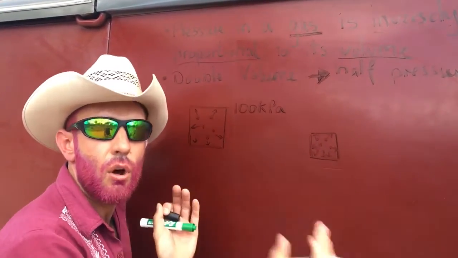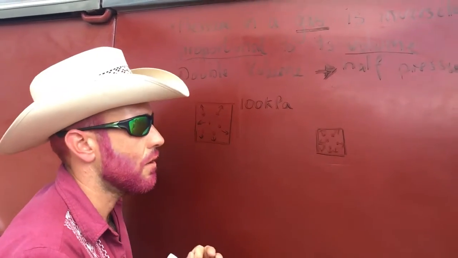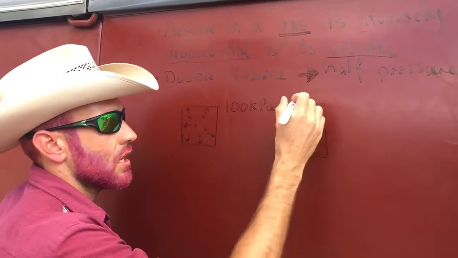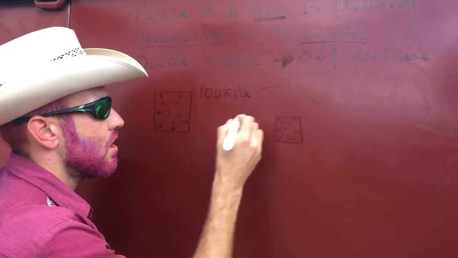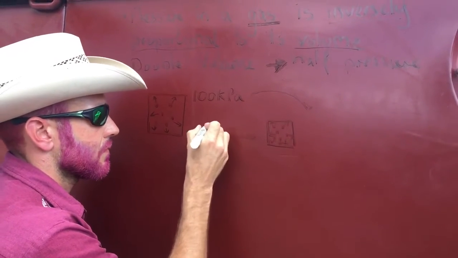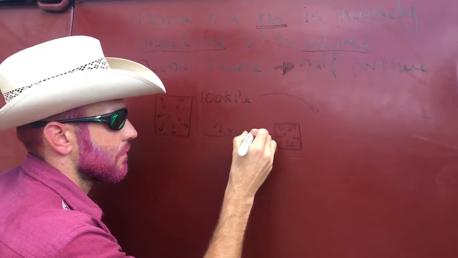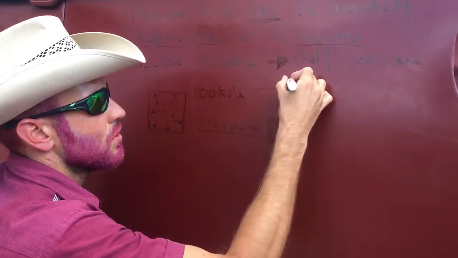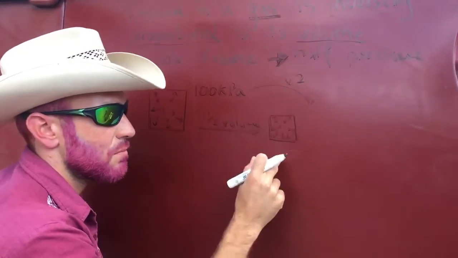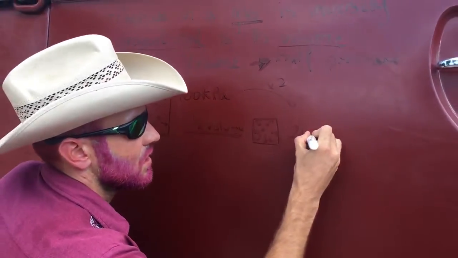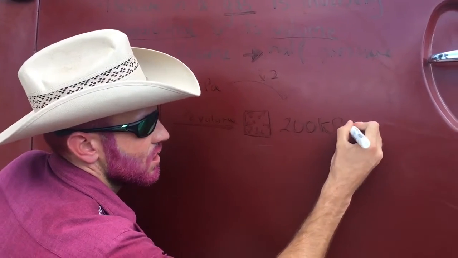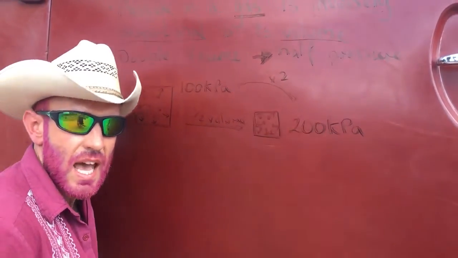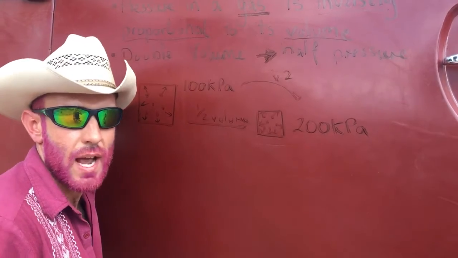So they're putting a lot more pressure on. And the pressure, like we said, because we've halved the volume, we are going to double the pressure. So the pressure in here is now going to be 200 kilopascals.